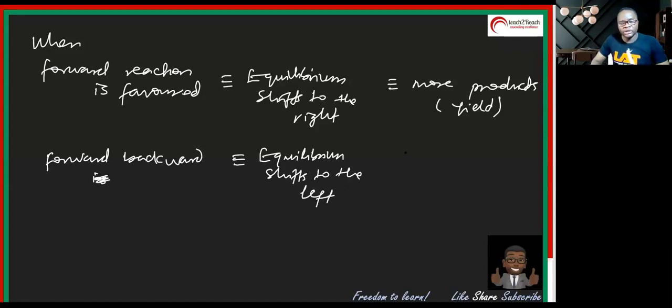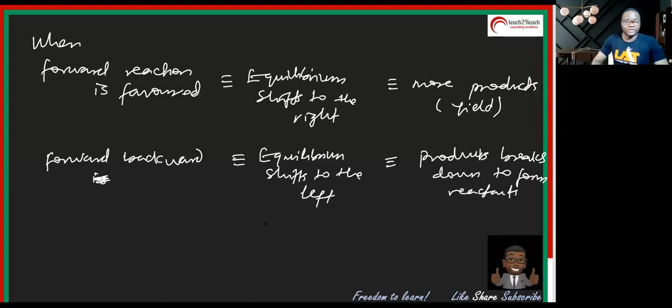That's what it means. Equilibrium shifts to the left. And what does that mean? It means that the product breaks down to form reactant. That's what it means. So you need to understand this language thoroughly.